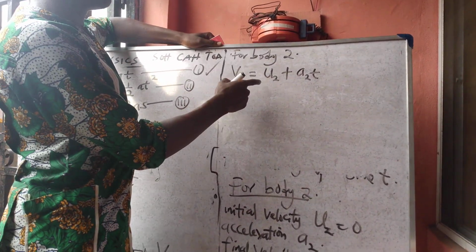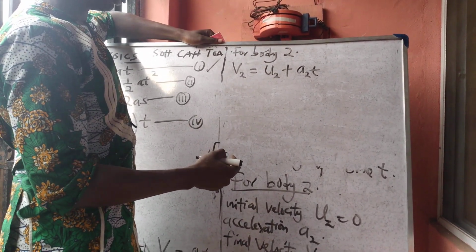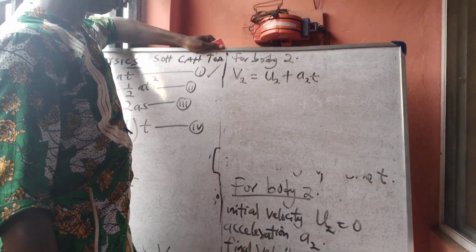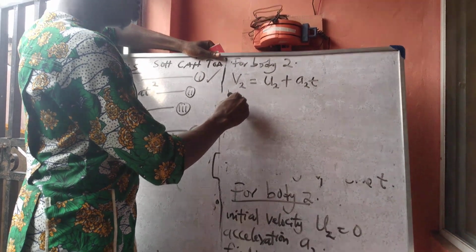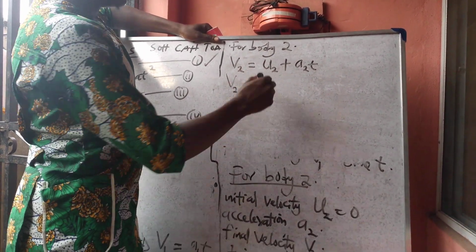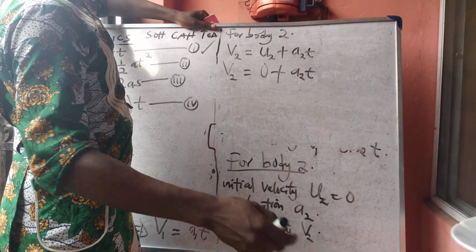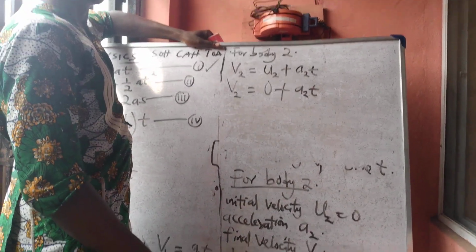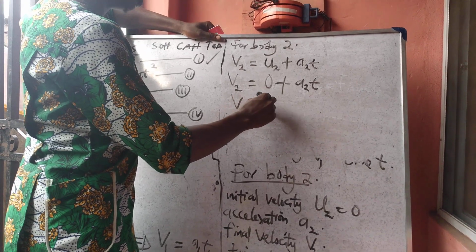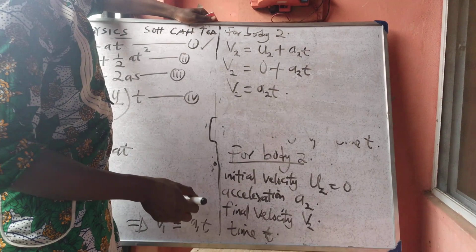Alright, so this now is what? v2 equals, in place of u2, what do you write? 0, right? So this is 0 plus a2t, and you'll be having v2 equals a2t.